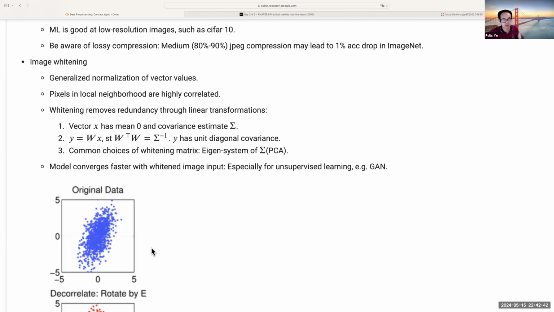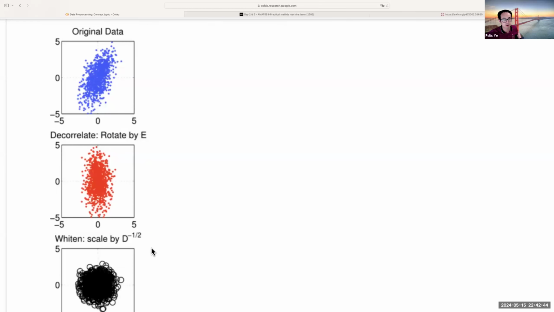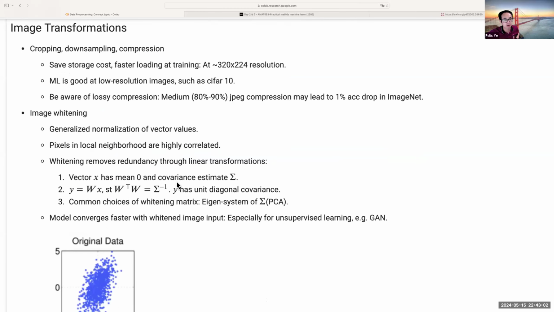We are trying to find a way to whiten the data so that in all directions it has zero mean and a standard deviation of one. It's like normalization of the data. So we can use PCA to whiten the data.